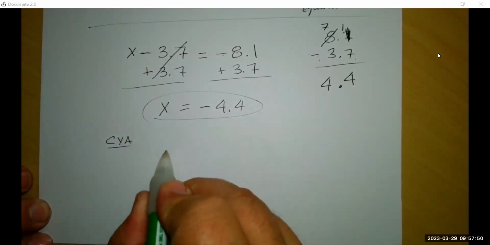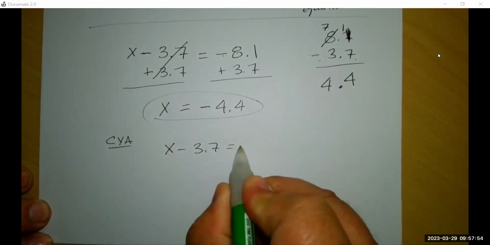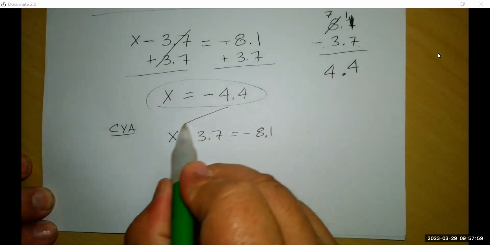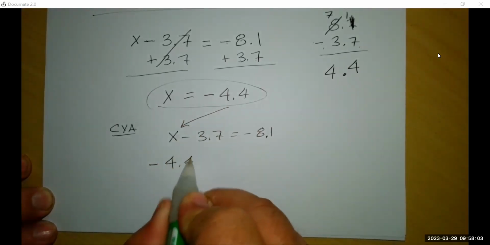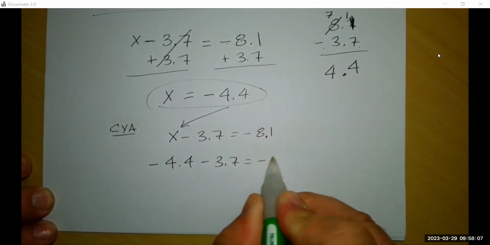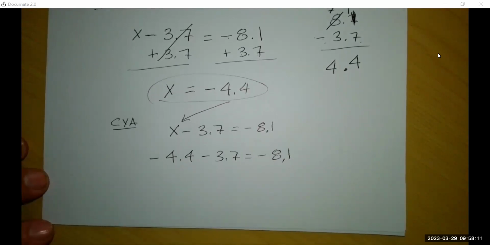Check your answer. X minus 3.7 equals negative 8.1. Anywhere I see an X, I put a negative 4.4. So this is why we've been doing all that stuff before this.